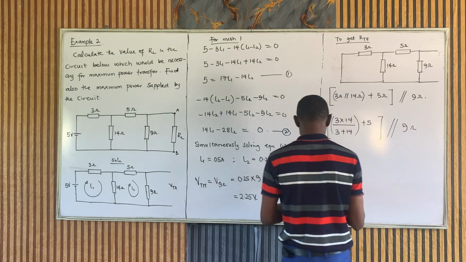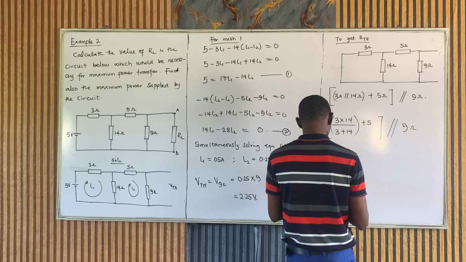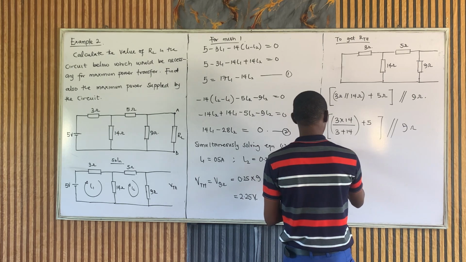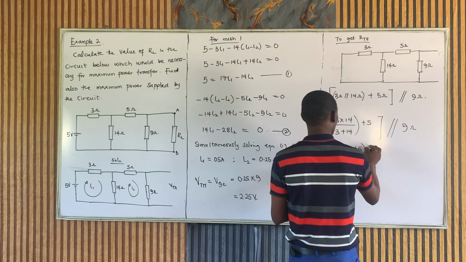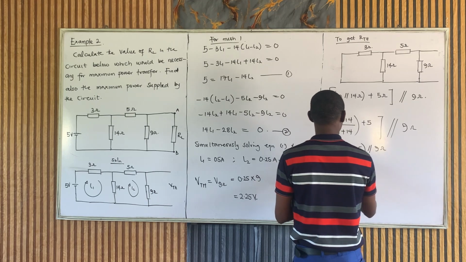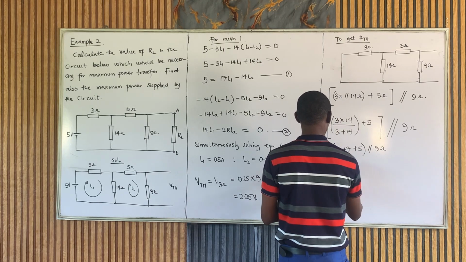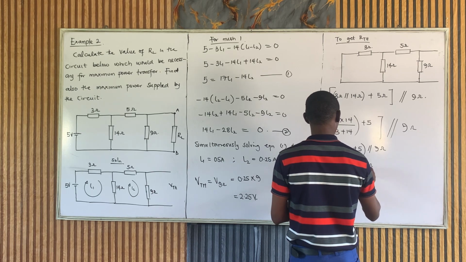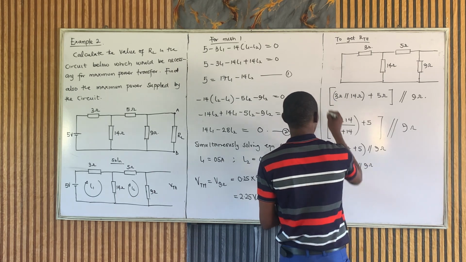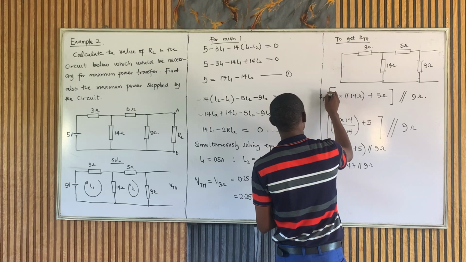So let's go with this now. That's 3 times 14 over 3 plus 14, 2.47. So 2.47 plus 5 in parallel with 9 ohm. And that will be 7.47 in parallel with 9 ohm. And that will give you total. This is my RTH.